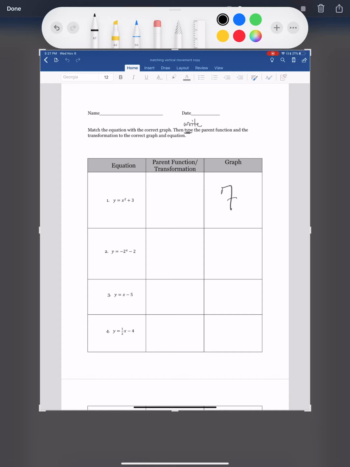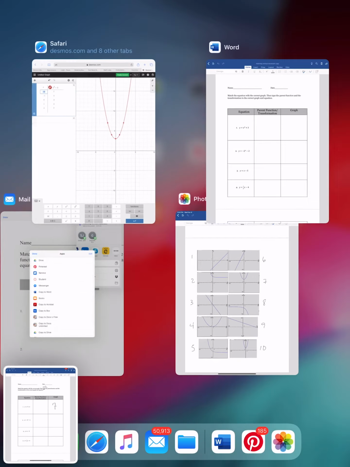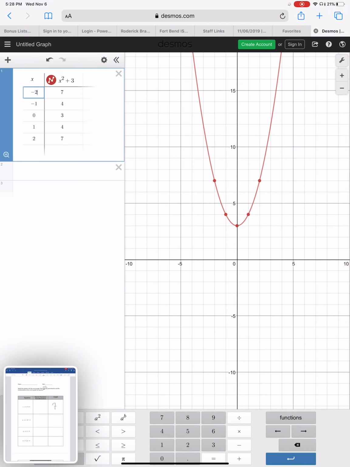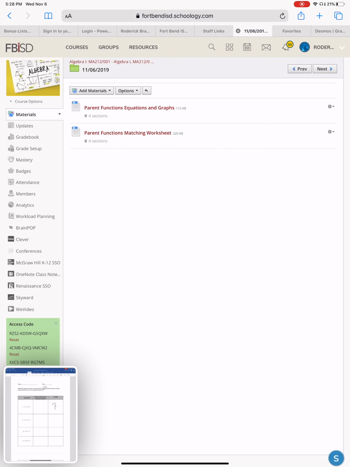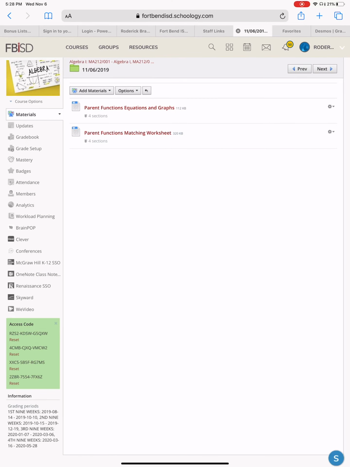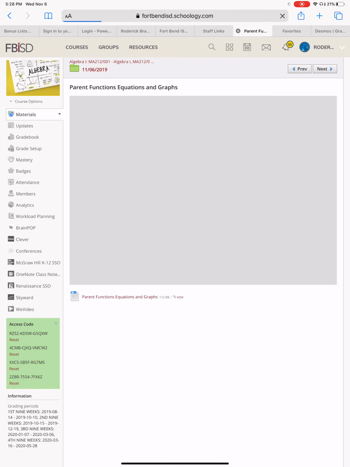So what Mr. B also put in the Schoology folder, in the folder that's labeled today's date, 11/06/2019, I put a parent functions matching, the parent function equation and graph.